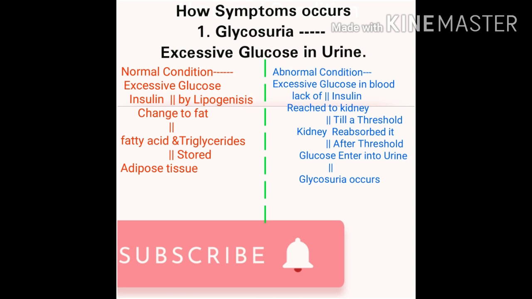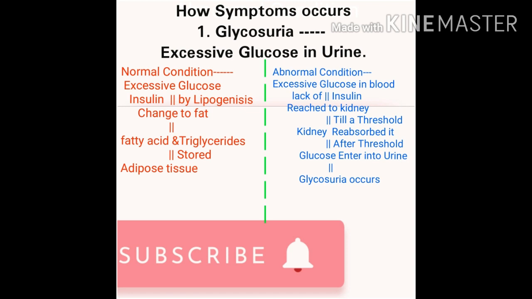In the next slide we discuss how the symptoms occur. One by one we will take all the previous symptoms and discuss how they occur. The first symptom is glycosuria, that is excessive glucose in urine. Two conditions happen: a normal condition, and an abnormal condition, that is in a diabetic patient.